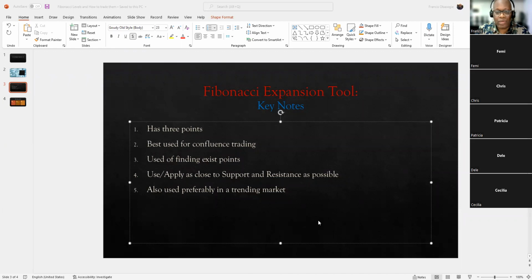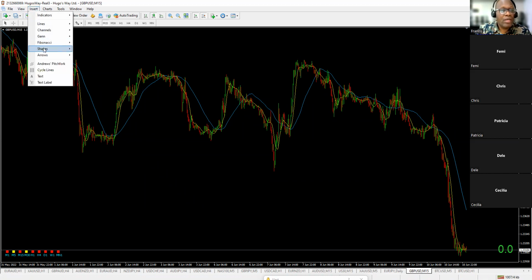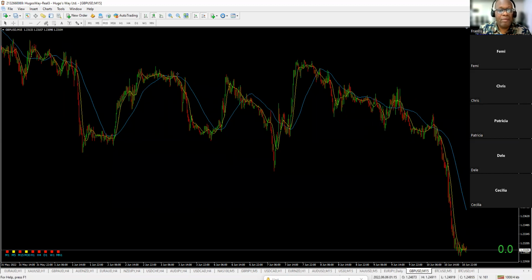Let's go back to our MT4. Okay, so straight away, we can say this is an area of resistance. This is on the 15-minute, an area of resistance. So what I'll do is basically just draw my block there.